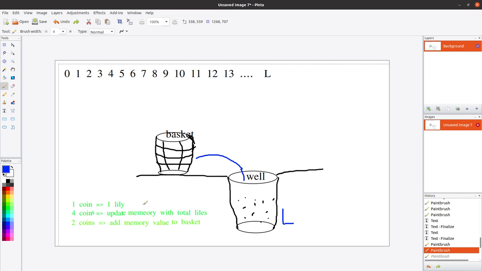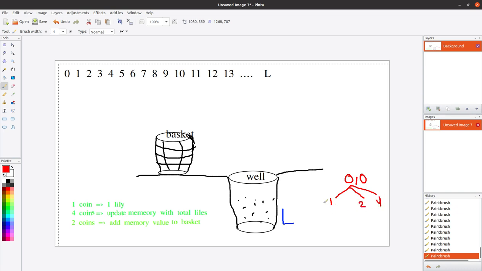You can solve this using a trivial solution, which is: at the beginning you have 0 lilies in the basket, and you spent 0 coins, and you can do one of the three possibilities: either spend 1 coin, or 2 coins, or 4 coins.